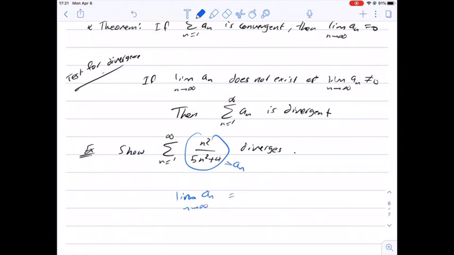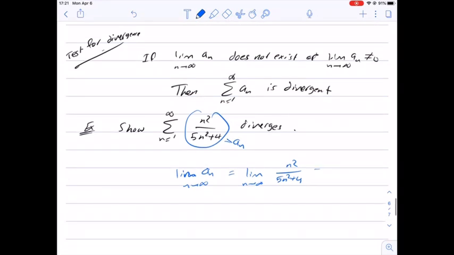We want to see if this limit does not exist, or the limit is not equal to 0. That means it's divergent. So the limit of n squared over 5n squared plus 4, and we know that this is equal to 1/5, or we can apply L'Hopital's rule.